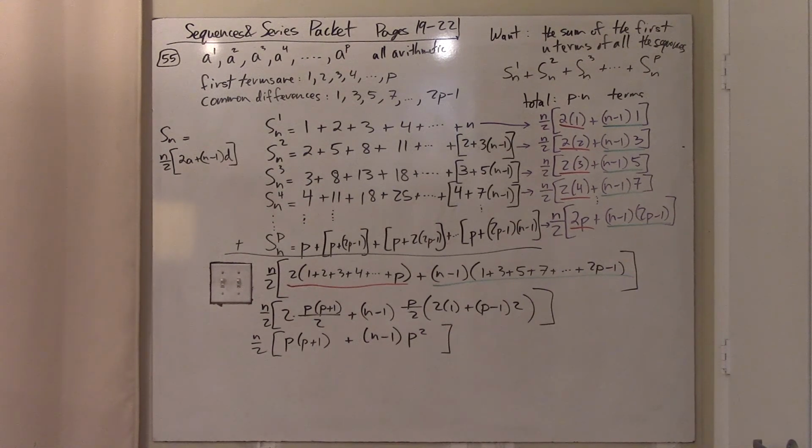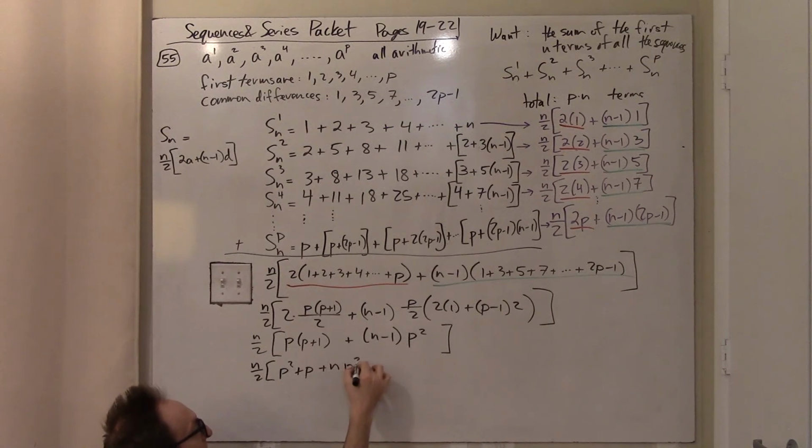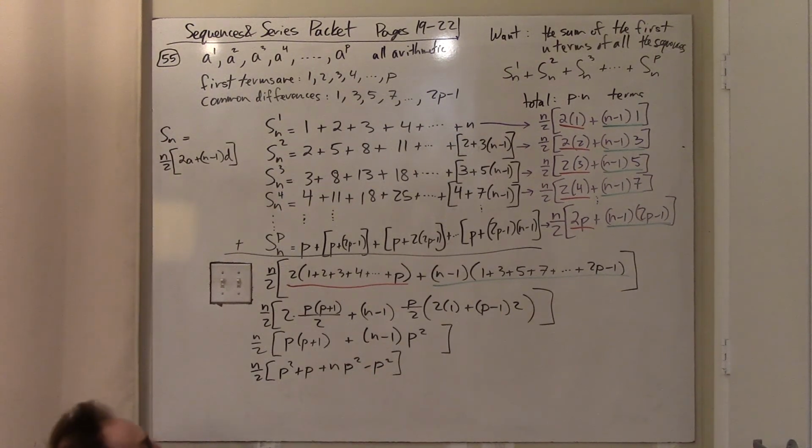What can I do? I guess I could just multiply this stuff out in the middle. I don't know what the best way to write out this final answer is, so I'll just do whatever. So p squared plus p plus np squared minus p squared. And okay, the p squareds cancel, so that's really n over 2 times np squared plus p.